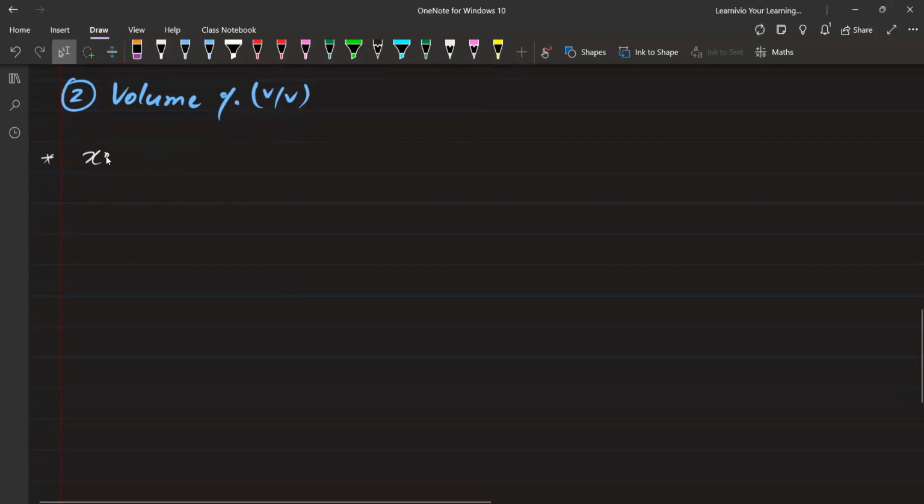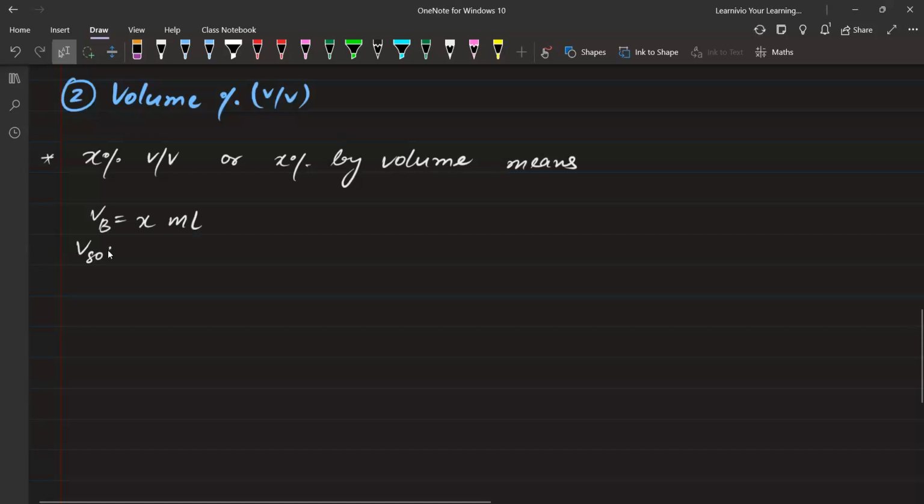Now, if you have X percentage V upon V or X percentage by volume, this would mean the volume of solute is X ml when volume of solution is 100 ml, and hence the volume of solvent will be 100 minus X ml.